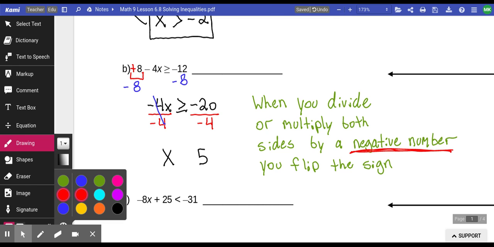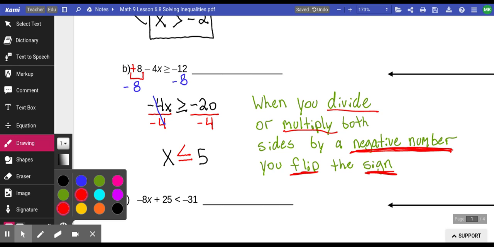So keywords here: when you divide or multiply by a negative number, you flip the sign. This means instead of being x is greater than or equal to 5, it would become x is less than or equal to 5.